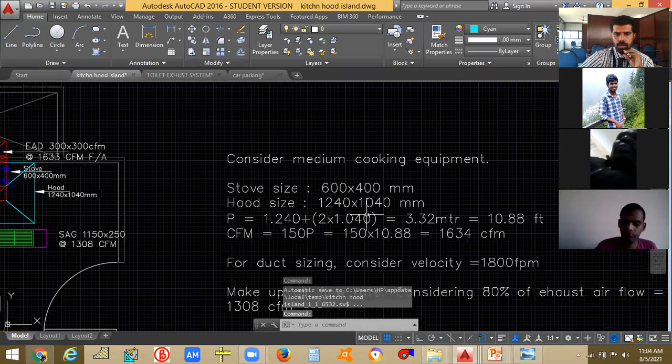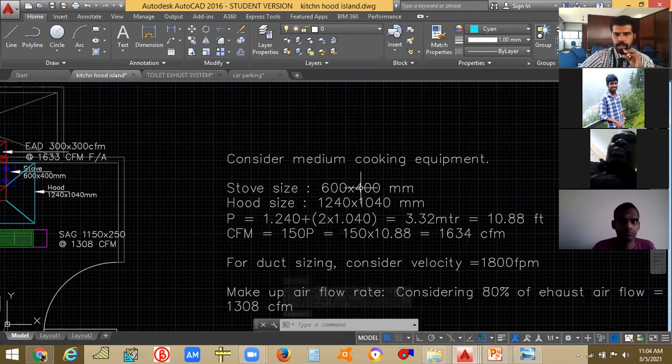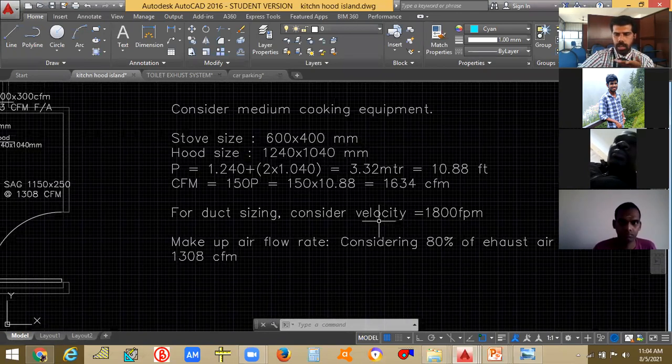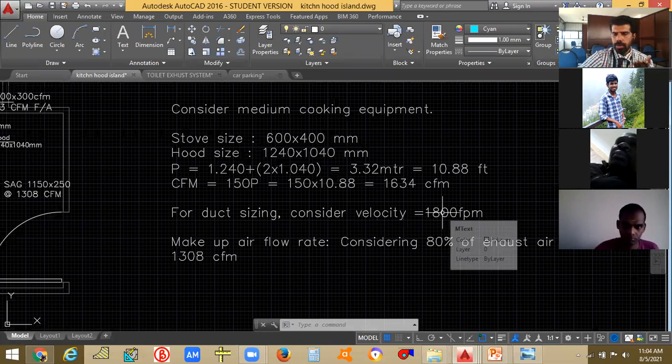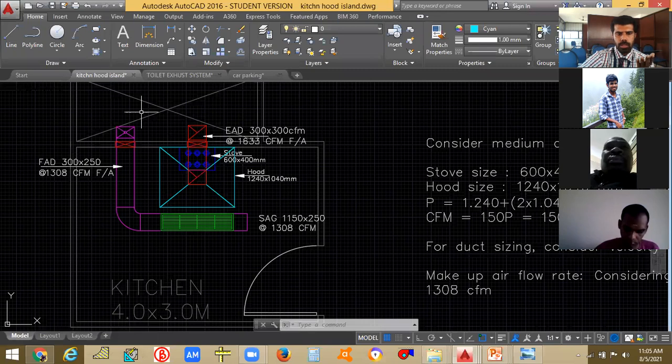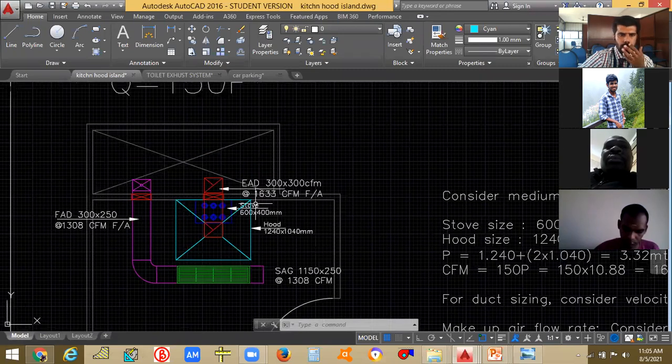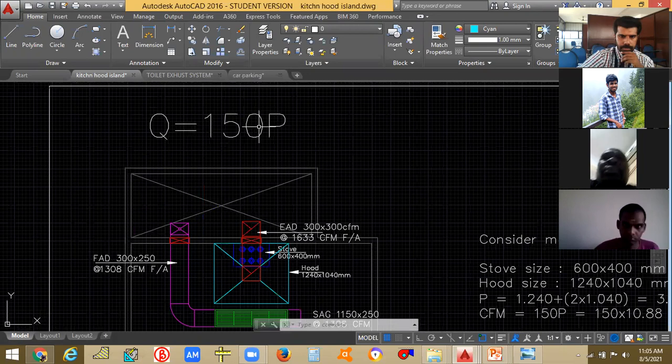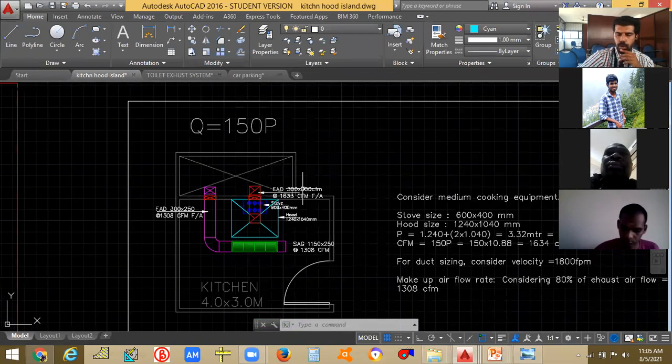You will get the stove hood size with the help of a formula. You can give the velocity, as we just did right now, a problem we have already solved. With ASHRAE, we have taken basically 150 of the perimeter. You can use any of the two methods.